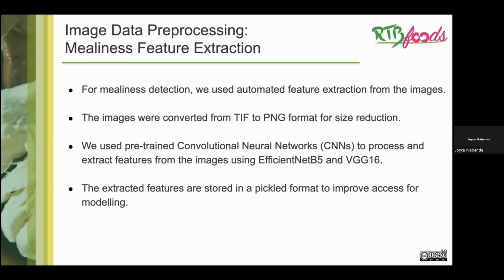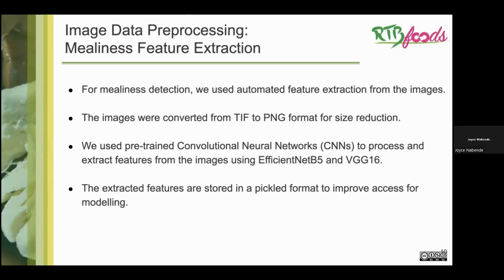And then for milliness extraction, we also used automated feature extraction from the images. First of all, the images were converted from a TIFF to PNG format just to try and reduce the sizes of the images as we feed these into the models. In terms of modeling, we have used already existing pre-trained CNNs, convolutional neural networks, to process and extract the features from the images.